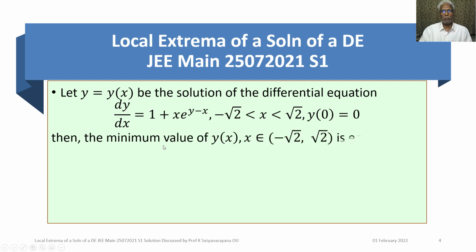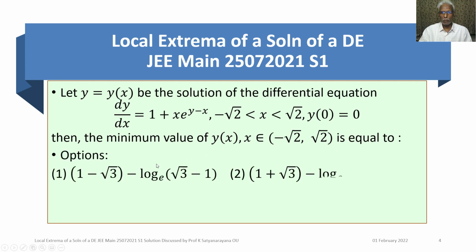Then the minimum value of y(x) when x belongs to the open interval (-√2, √2) is equal to. The four options are given to us.